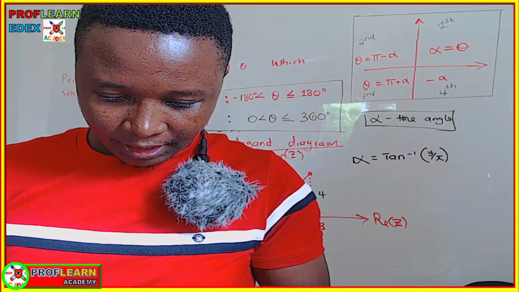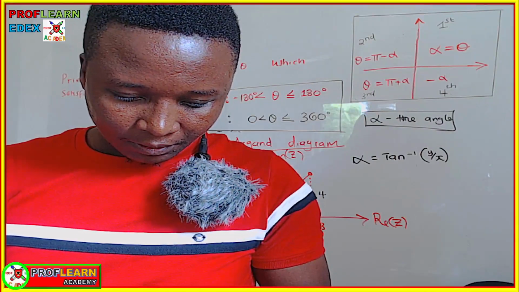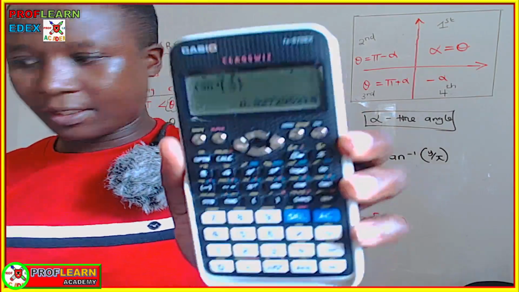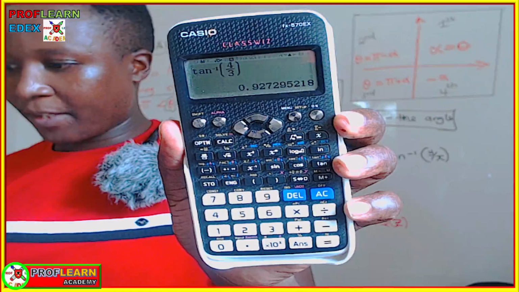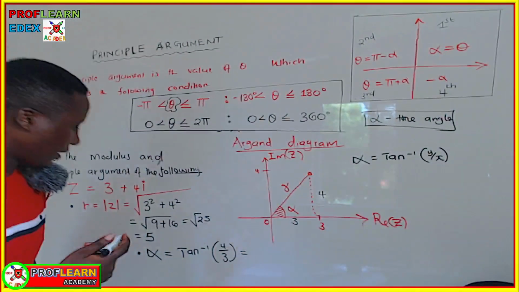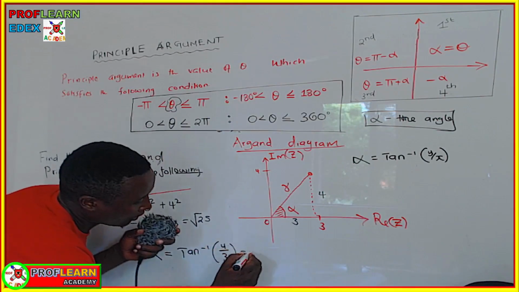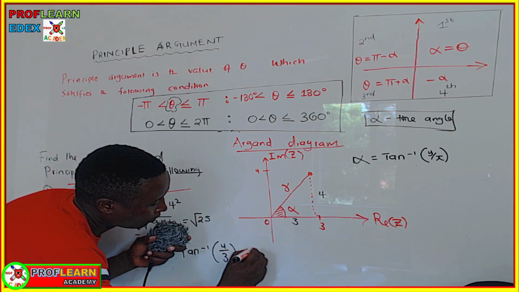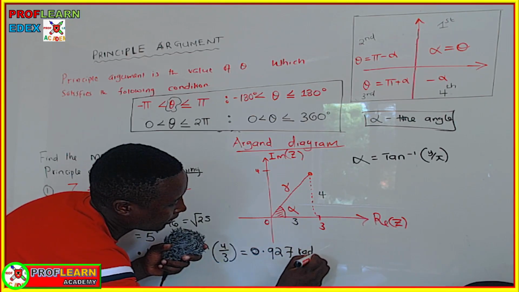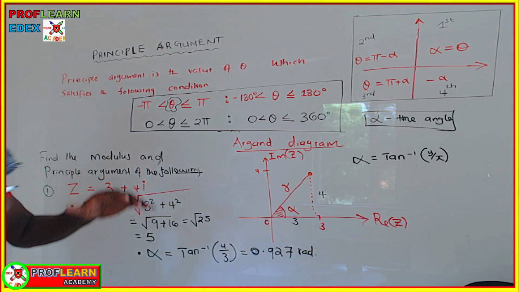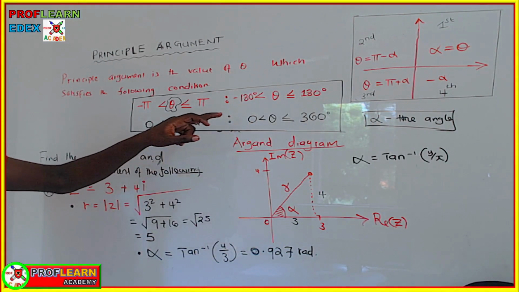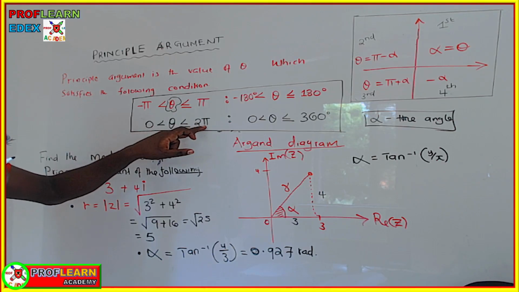So this is tan inverse 4 over 3. If I work that out, I get the value 0.927 radians.